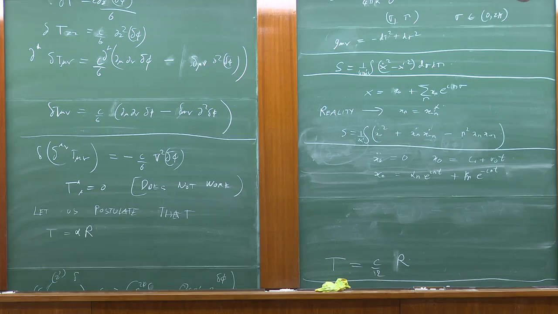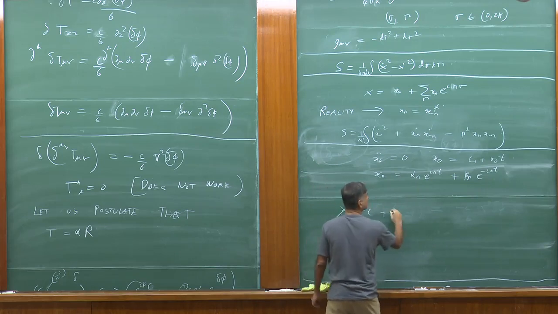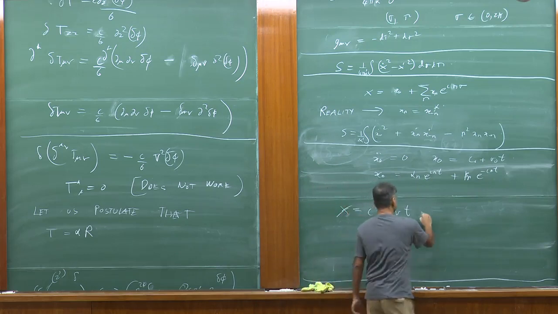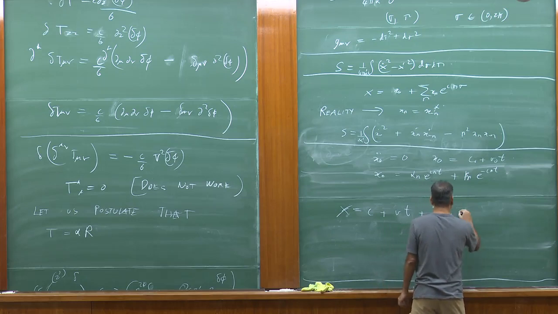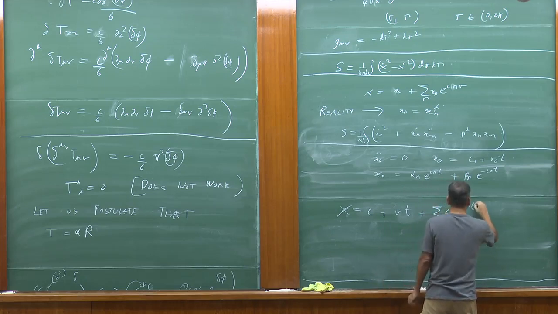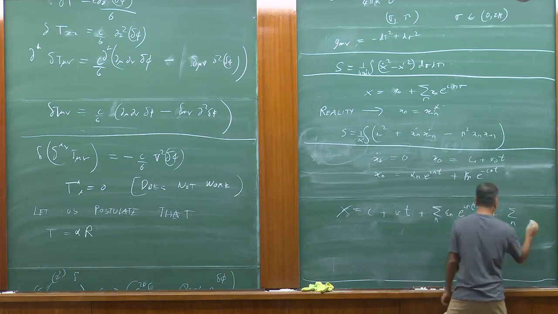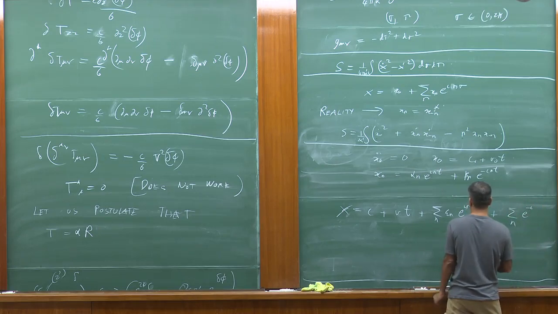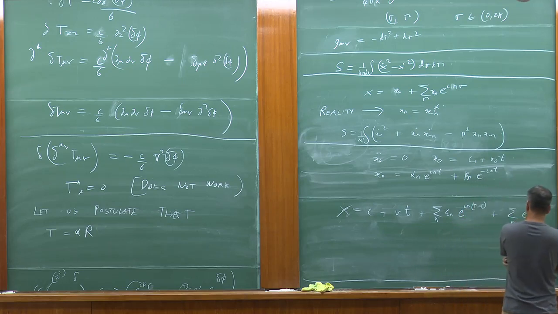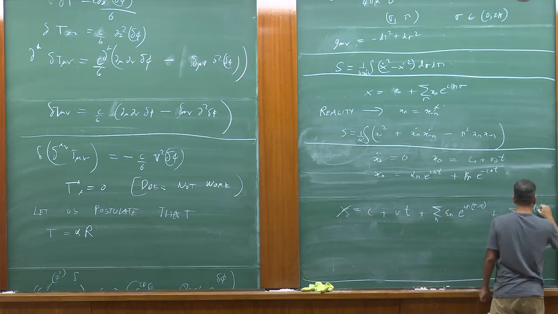So you see that the most general solution to our equation of motion is x equal to c plus v times t, plus sum over n of zeta n e to the power i n (tau minus sigma), plus sum over n of eta n e to the power minus i n (tau plus sigma).